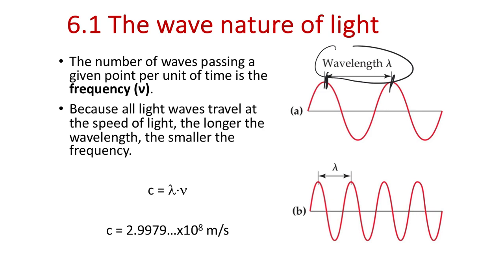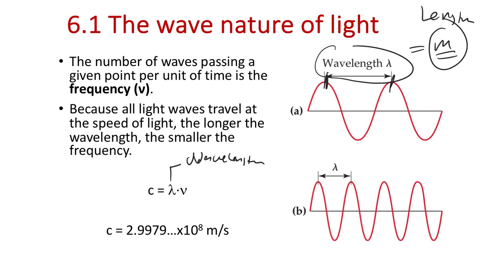So the speed of light c is equal to the wavelength, which is just how long in space it takes one cycle of the wave to complete. So this is a distance in unit of length, like a meter or a centimeter.